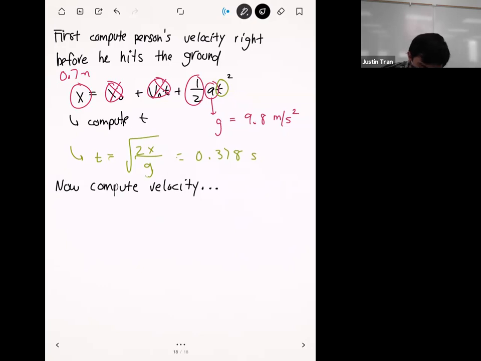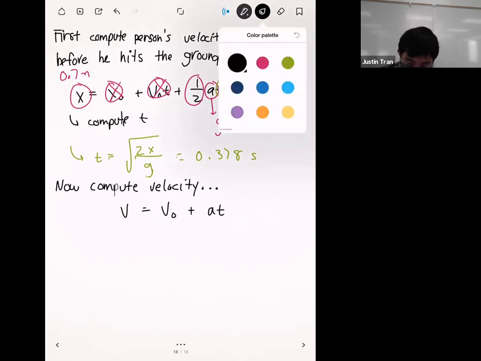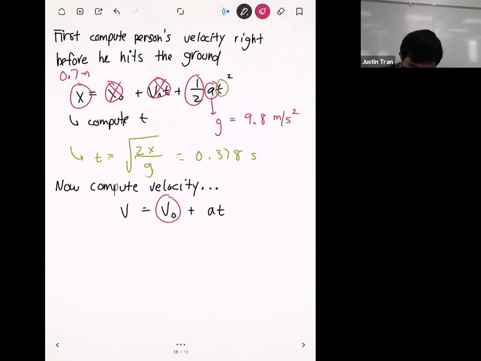Okay. And so we can use the other kinematic equation, velocity one. Our velocity here is going to be V0 plus AT. Once again, we're going to assume that we have no initial velocity, and so we're going to cross that one out.